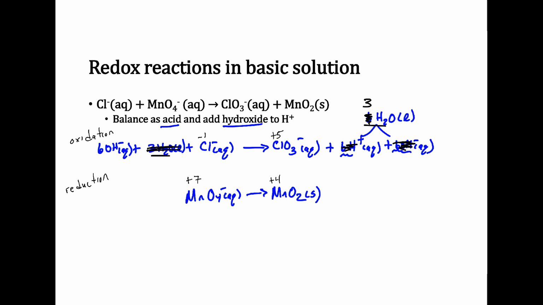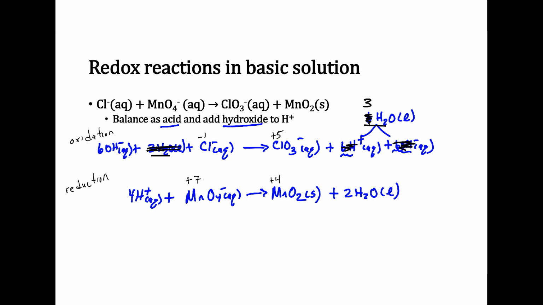So now let's look at our second reaction for the reduction. So we have MnO4- going on to form MnO2. So as we look at this, we can see that there are 4 oxygens in the reactants and only 2 in the products. So we need to add 2 H2Os there. And now we have to balance the hydrogen. So we have to add 4 hydrogen ions over here.